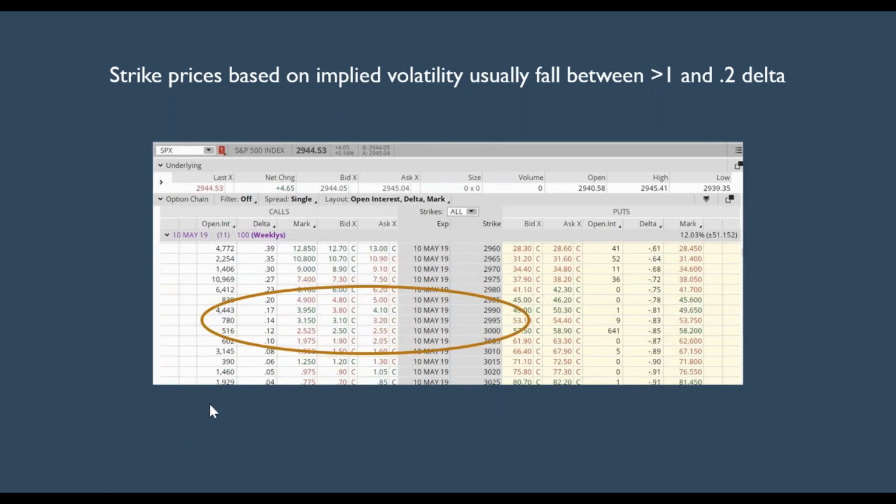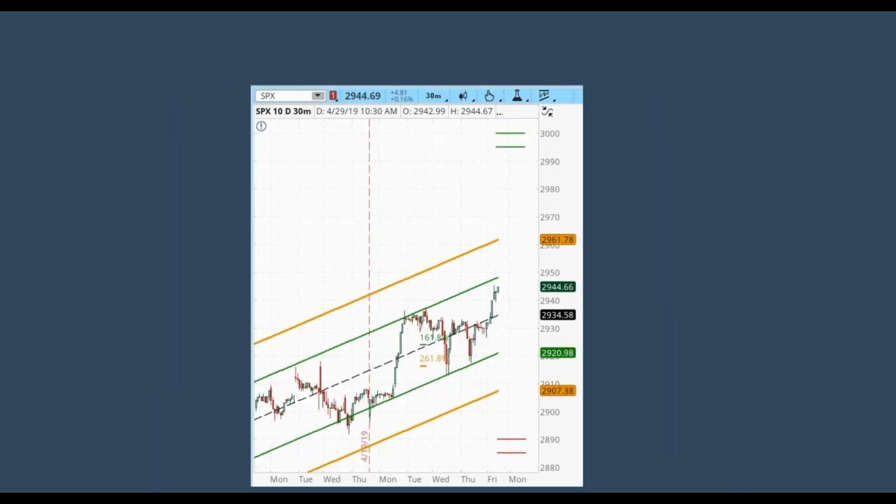Well, a bear call for the same period of time, right around the 2995, had a delta of 0.14. This is where you would have set up a bear call, and this is where you would have set up the bull put.